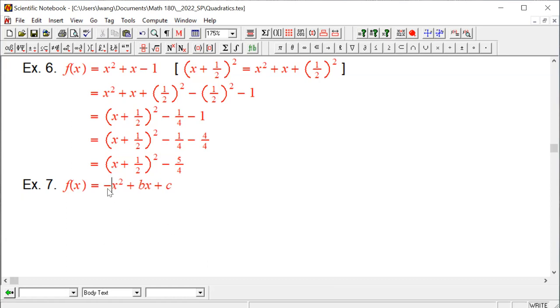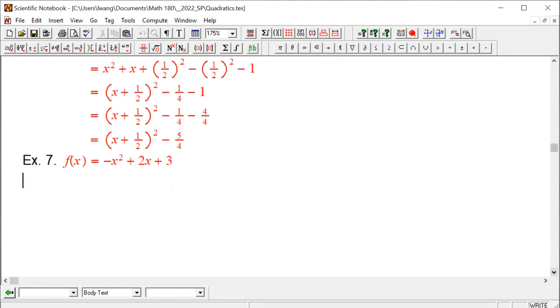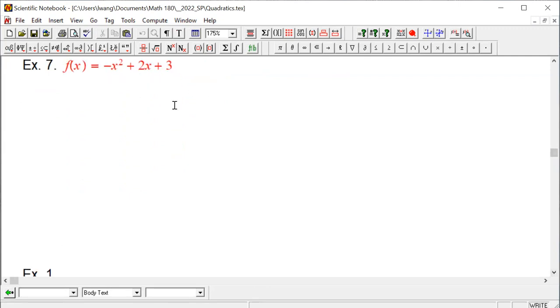For example, A is negative. What do we do? What if this happens? Can we make that perfect square? No fear, I'm here to help.